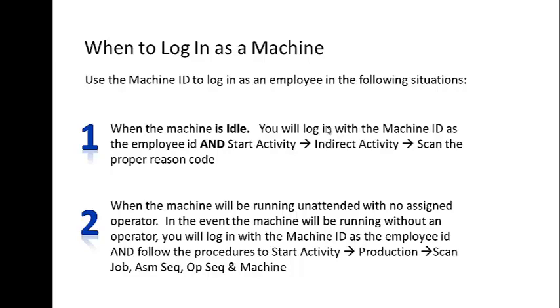I understand in some situations there will be no operator assigned to a machine. They might be running it over a Sunday or some shift when people may not be in, in which case you'll start your production activity but be logged in as that machine ID at the time if there is no operator to manage.